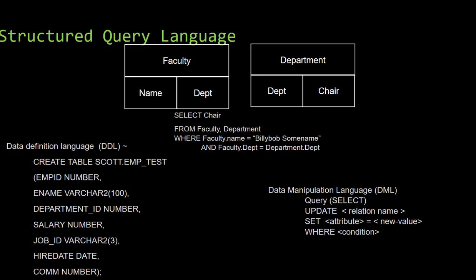If I misspelled some name, and it was supposed to have been no name, I can update the name field and set the value Billy Bob some name equal to Billy Bob no name, where name equals Billy Bob some name. Every instance of Billy Bob some name will be changed to Billy Bob no name as long as it meets my criteria. So that's a little bit about structured query language. Won't go into that a lot.